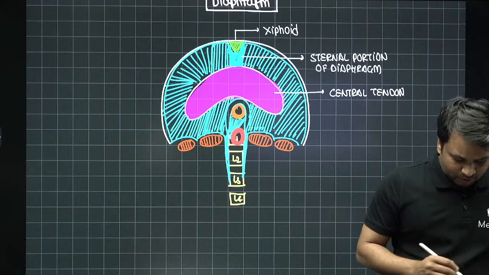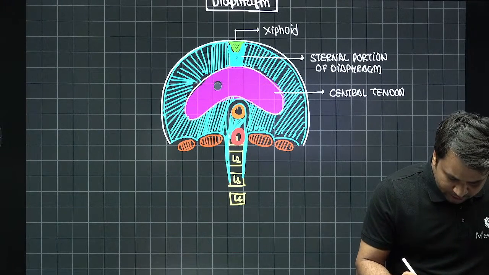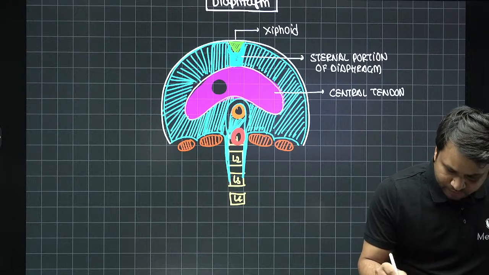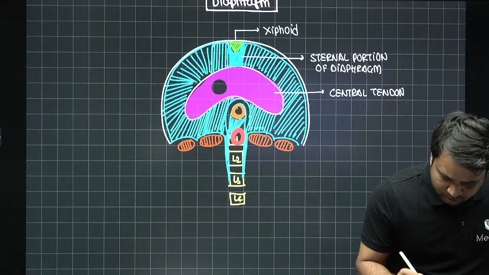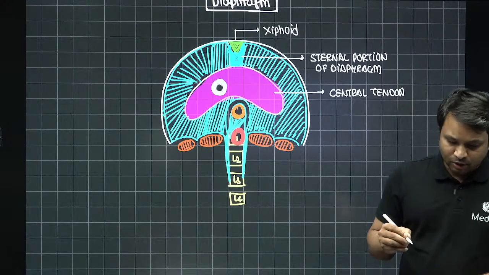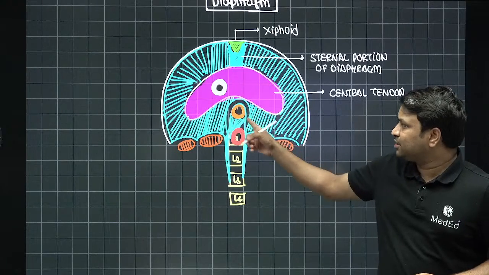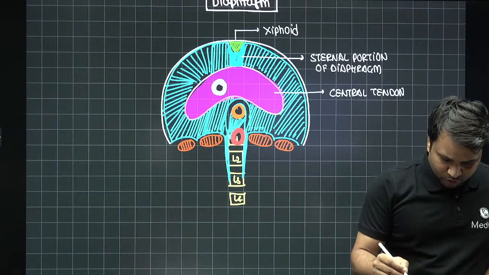In the area of the central tendon here you have your IVC. So three structures are going to be present: the IVC, the esophagus, and the aorta in the same orientation that we have put across here.